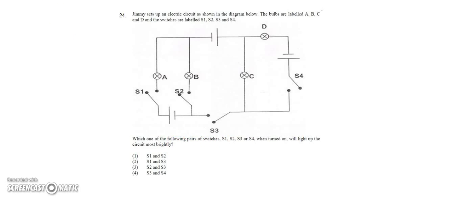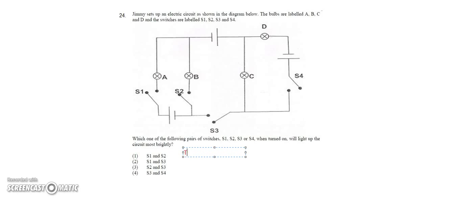Now, in the previous questions, we know that if we want the circuit to light up most brightly, there needs to be more number of batteries and lesser number of bulbs.